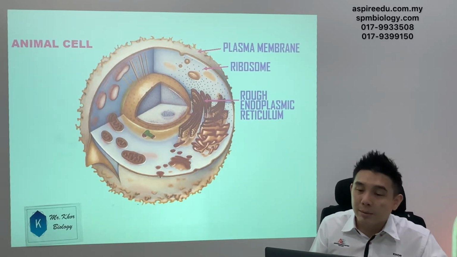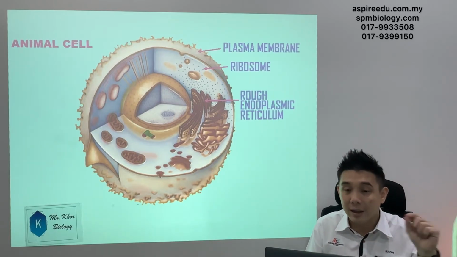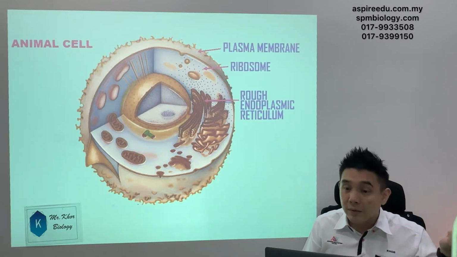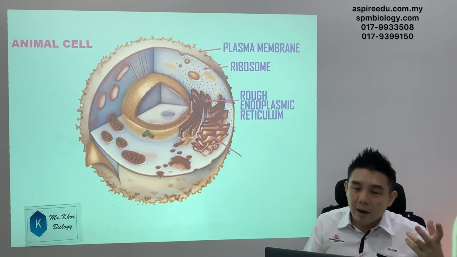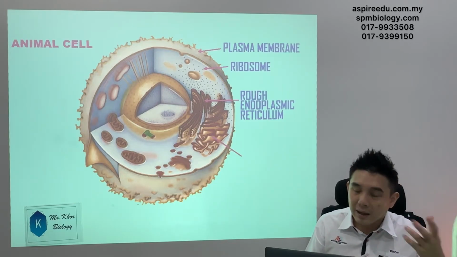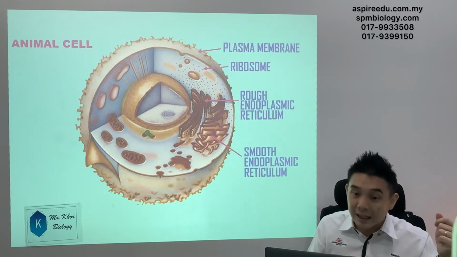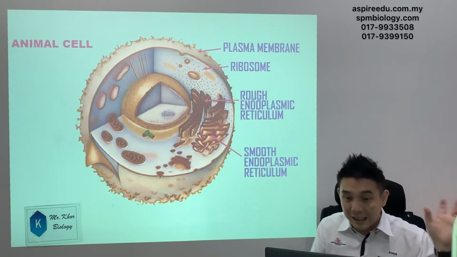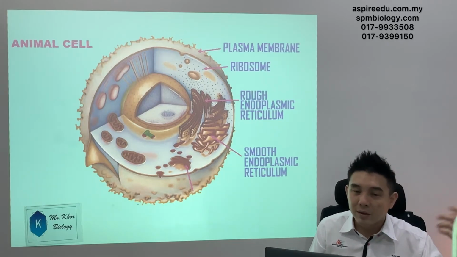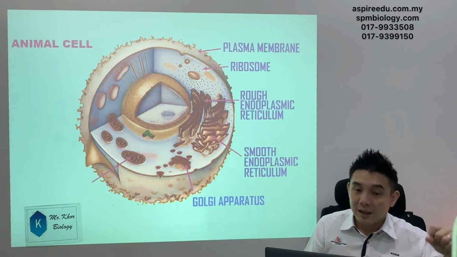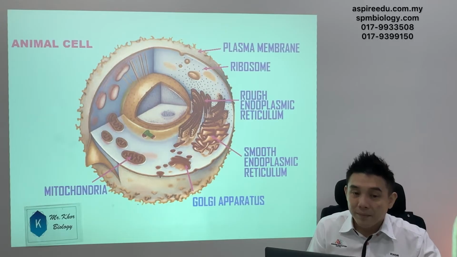When you type, you can type short form, but later when you fill in the blank in the exercise, write in full, because you have to get used to the spelling first. If you know rough, definitely SER, very fast. Smooth endoplasmic reticulum, jalinan endoplasma licin. Golgi apparatus, mitochondria.